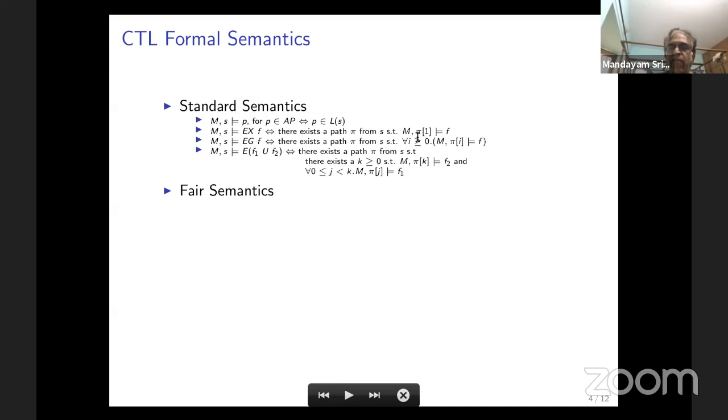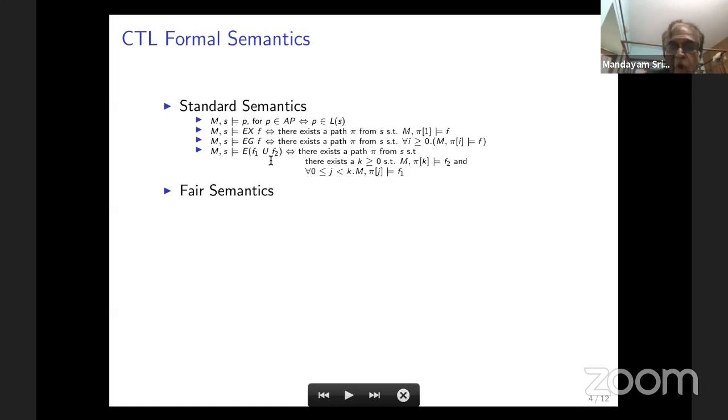So I am assuming that pi 1 denotes the state at index 1 on the path pi. EG of F is true if and only if there exists a path pi from the state such that for every state on that path, the subformula F has to be true in that state.